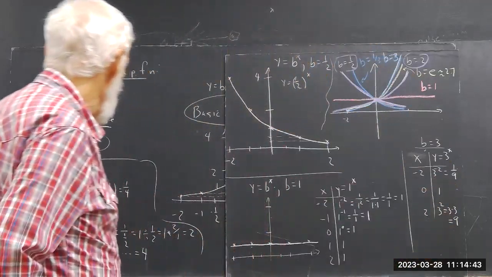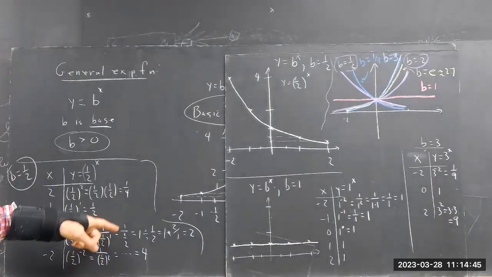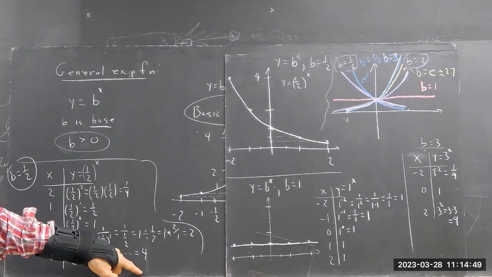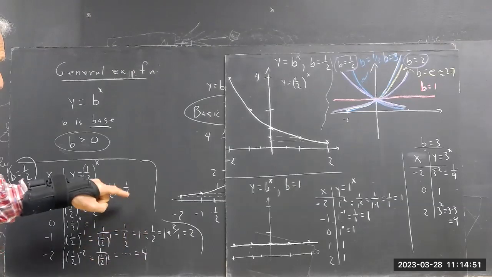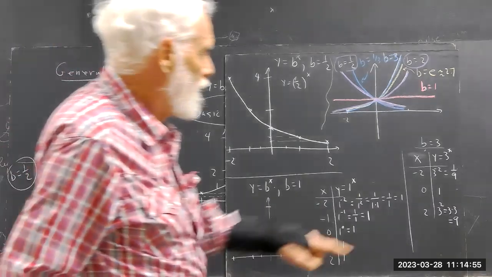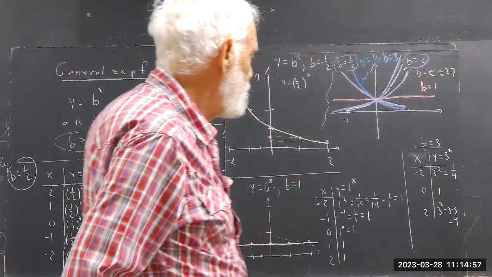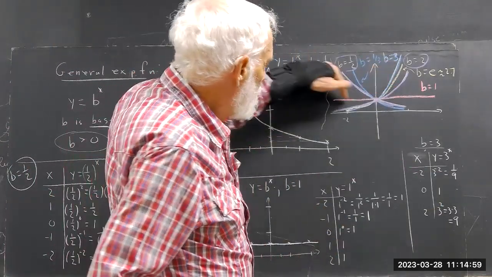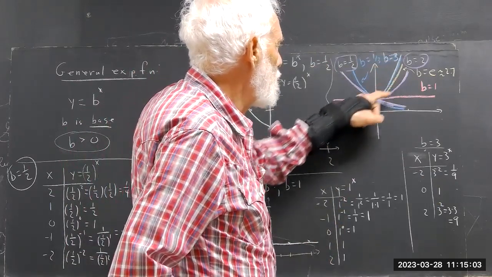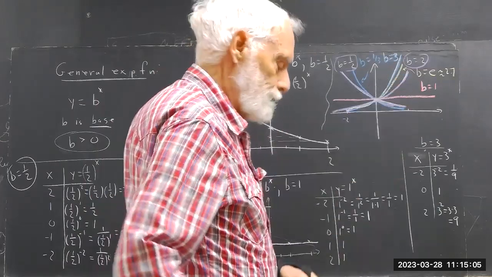If you compare that with the values we have here, we have 1/4, 1, and 4. So for this one is 1/4, this one is 1/9. So the blue graph for B equals 3 is going to go down underneath the purple graph for B equals 2.